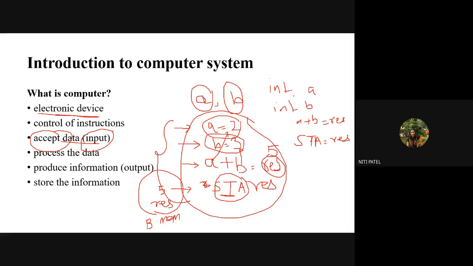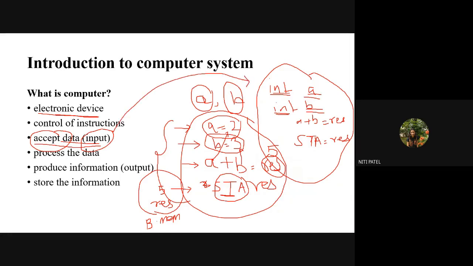So when I give the input, what is my program going to check? Whether the A value given is an integer or not, whether the B value given is an integer or not. That is what is called accepting the data by checking what is there inside the program.